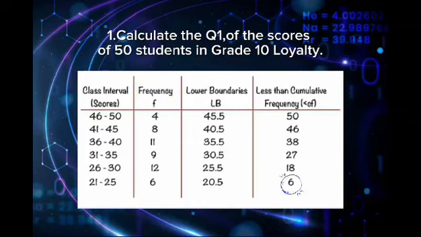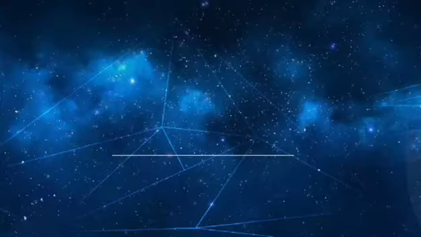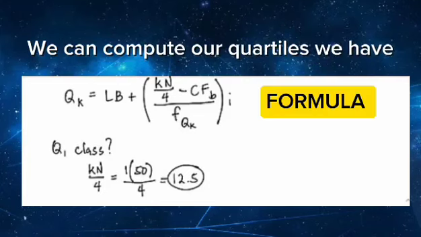Example, 6 plus 4 is 10, plus 9 equals 19. 19 plus 11 equals 30. 30 plus 8 equals 38. Then 38 plus 4 equals 42. After we complete our columns, we can compute Q sub 1.